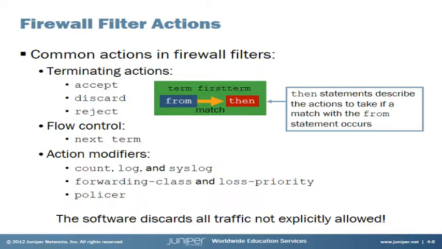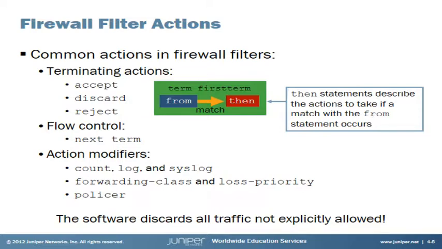That's kind of handy. That has to do with a thing called class of service, which we will look at later on. So what we're really doing there is changing the priority of traffic. We may look at information that matches our particular filter, and then we may modify the attributes of that traffic. So we may say, I'm going to change the forwarding class, I'm going to change the loss priority of that particular traffic.